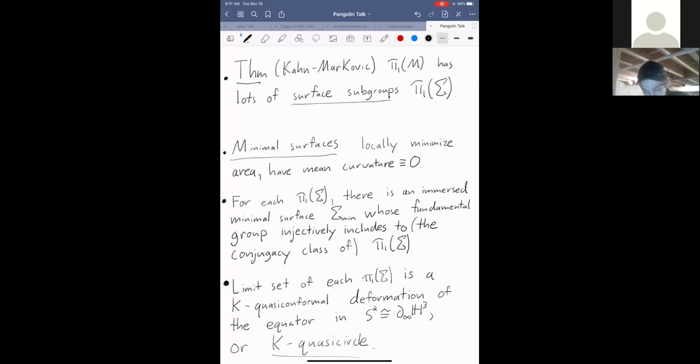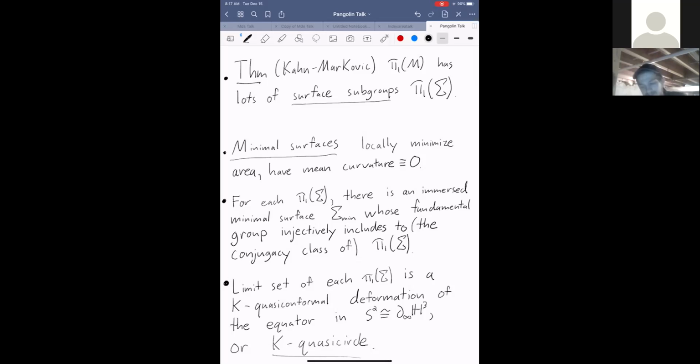And so what you can do is you can minimize area over all of these immersions, and it's a standard thing in the theory of minimal surfaces at this point, due to Schoen and Yau and Sacks-Uhlenbeck, that you can realize the infinite area by an immersed minimal surface. The immersed minimal surface will realize this conjugacy class of surface subgroups.